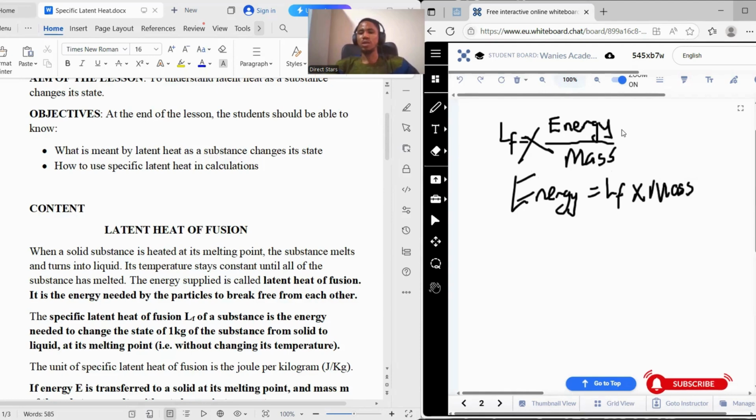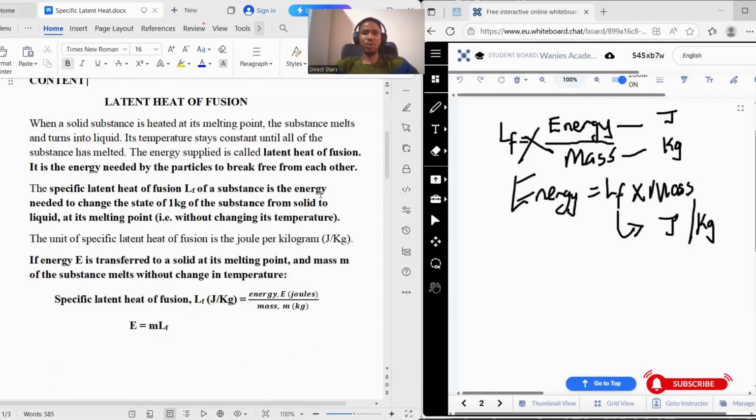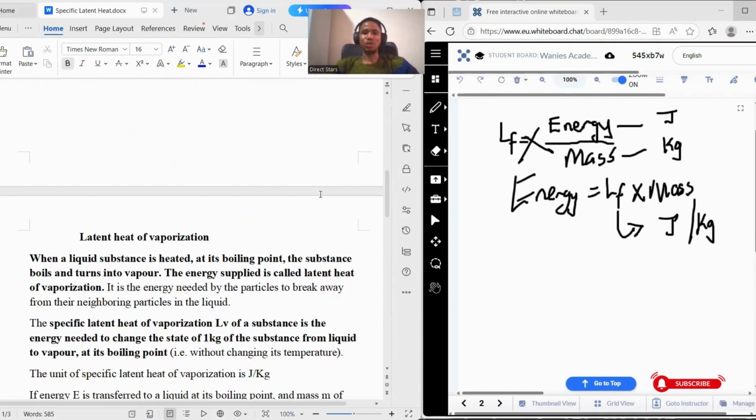Energy has the unit of joule, while mass has the standard unit of kilogram. So LF has the standard unit of joule per kilogram.